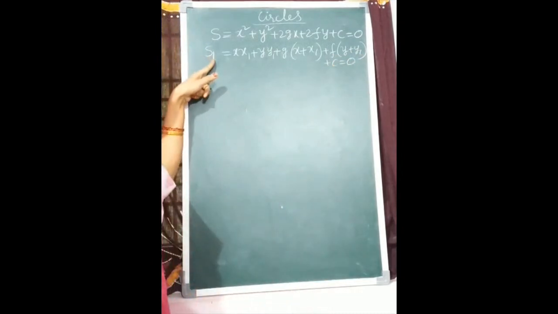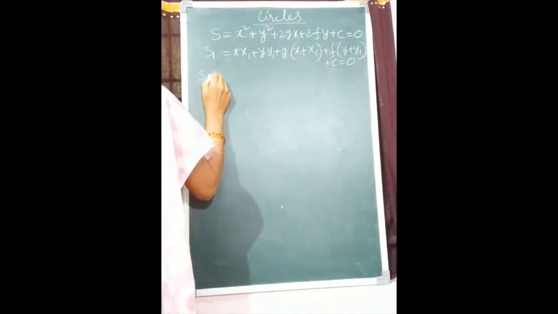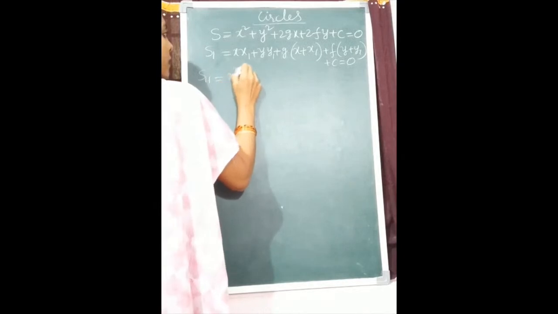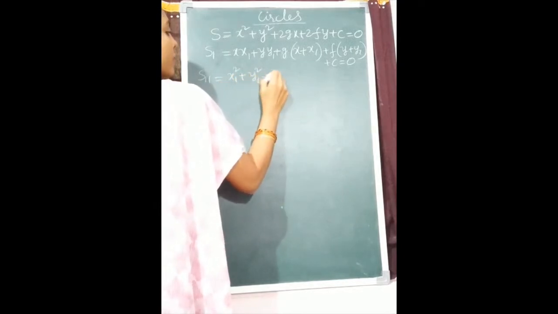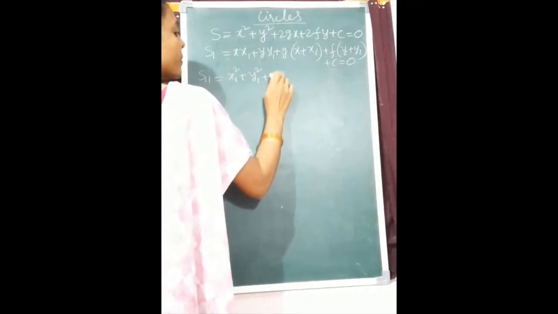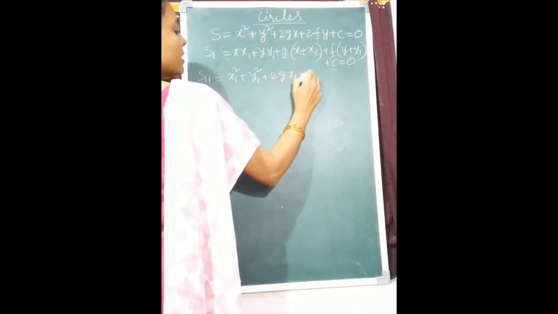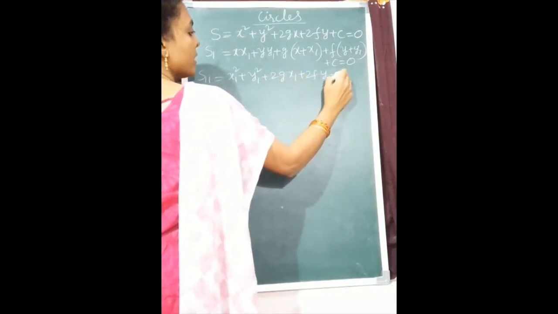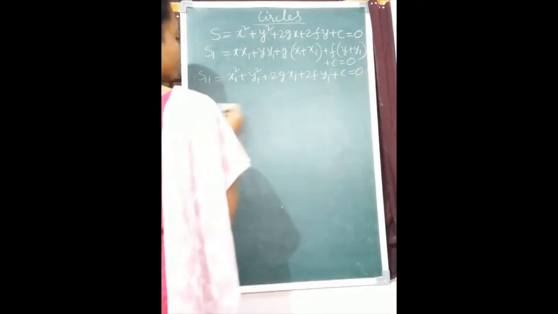This is called S1. Now S11. S11 means x1 square plus y1 square plus 2gx1 plus 2fy1 plus c is equal to 0.